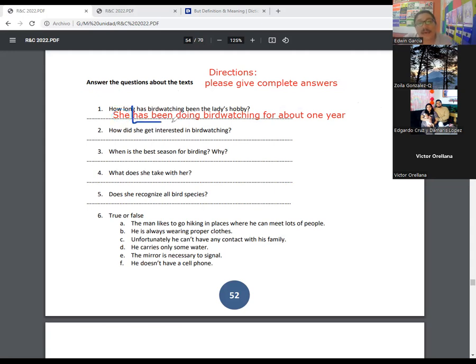Then in this case, has been, for past perfect tense, and then the complement for this answer.